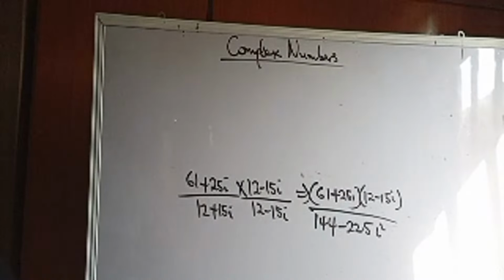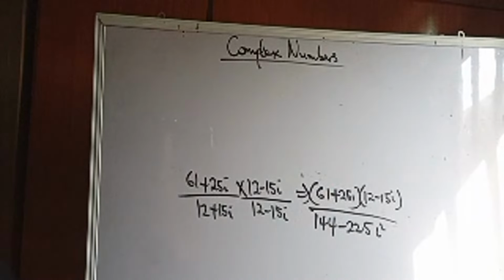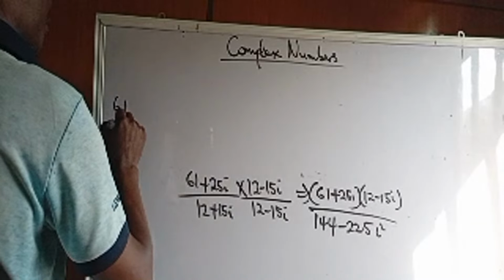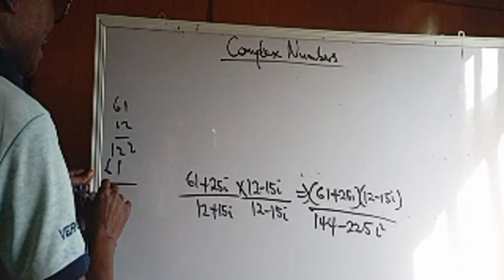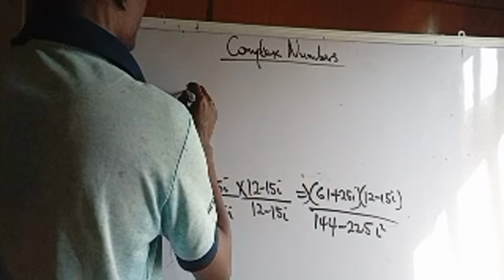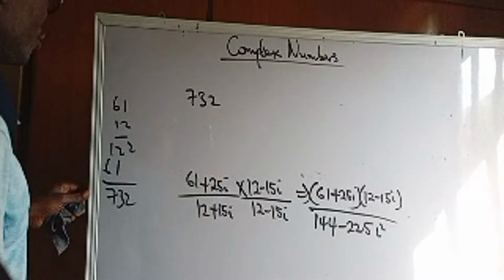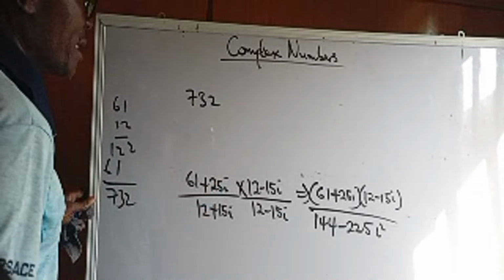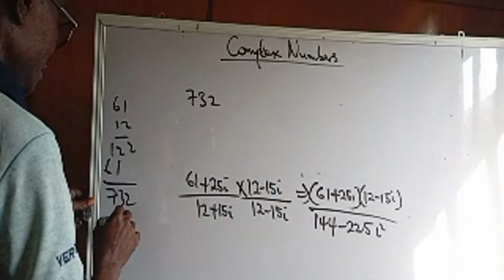So now we have to multiply. We have to expand the numerator. Now 61 times 12. That's 732. You can try it yourself. 61 times 12 should be that. All right, that's 732. Now 61 times 15.